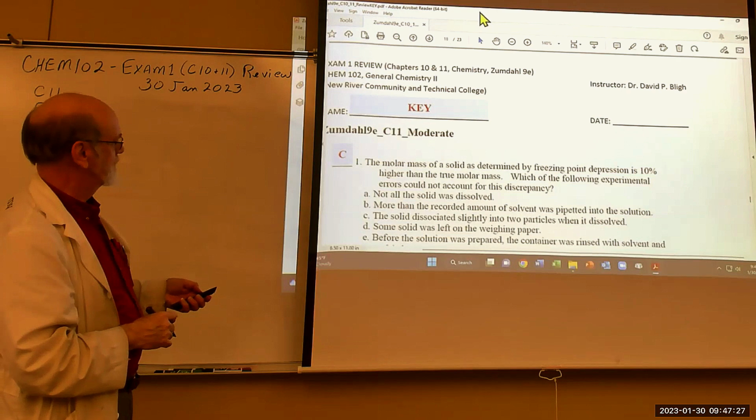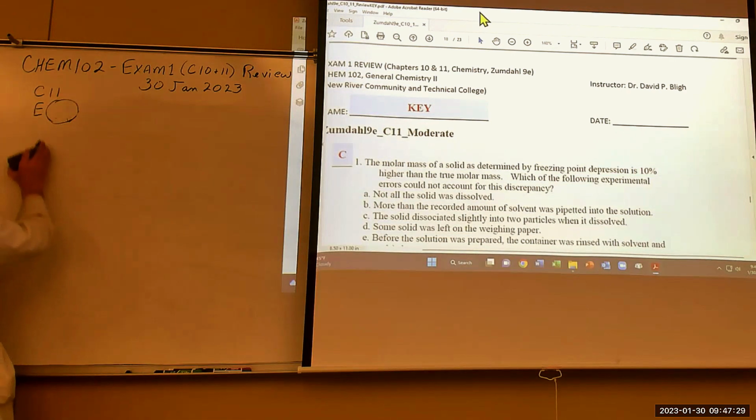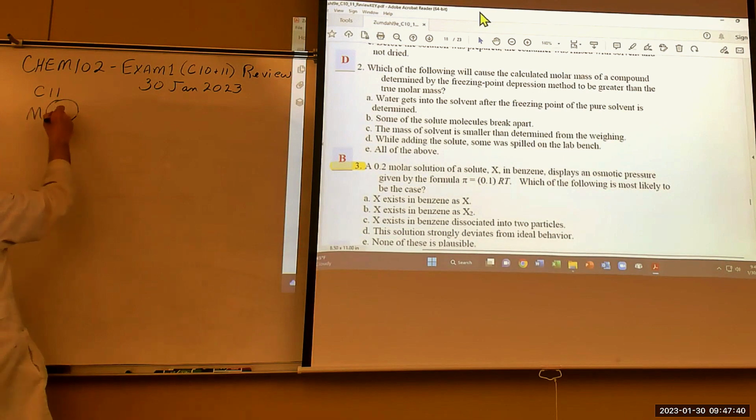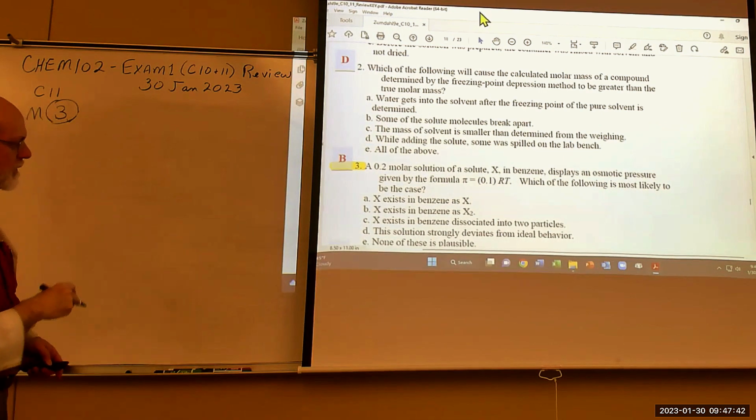Let's see. Moderate. We finally got to moderate after doing some difficult ones. There we go. So let's scroll down to 3. I think all 3 is in there. Yeah.